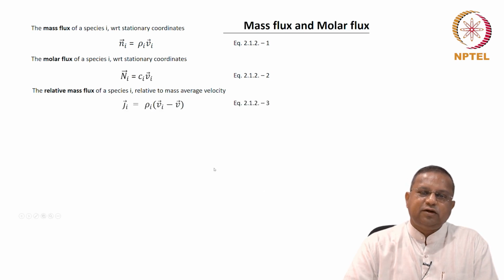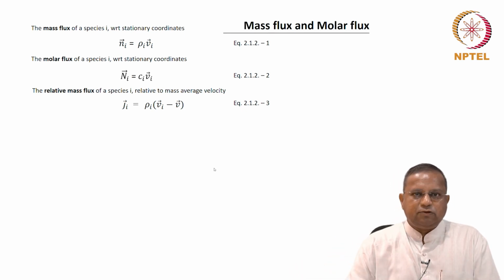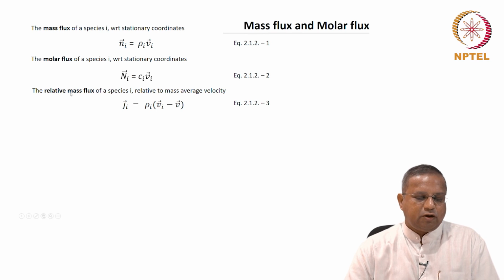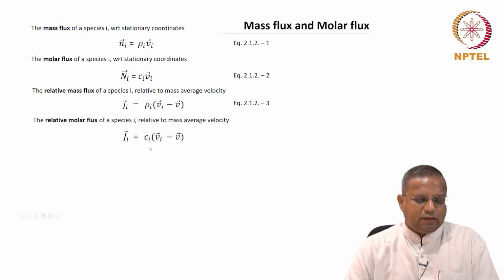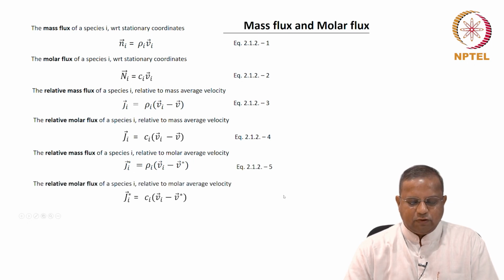Then we said that we are typically interested in the motion with respect to other species, not with respect to stationary coordinates, and therefore we brought in the relative mass flux, rho i times (v i minus the mass average velocity), and then the relative molar flux with respect to the mass average velocity for completeness, and the relative mass flux and relative molar flux relative to the molar average velocity.